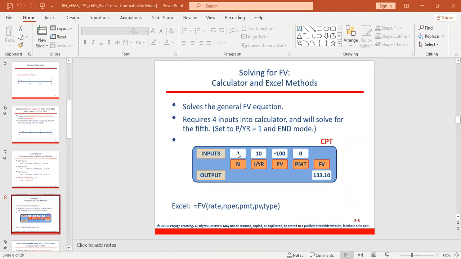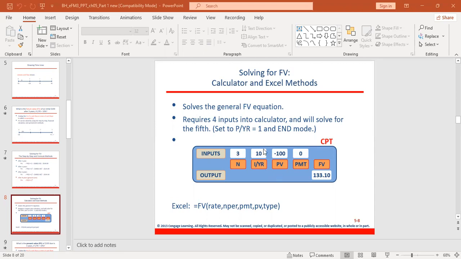Then you start to key in the values. First of all, you press 3, then you press N. The N button is in the third row. It will show you N equals 3. Can you see N equals 3? Yes. All right. Then you go to the next step.